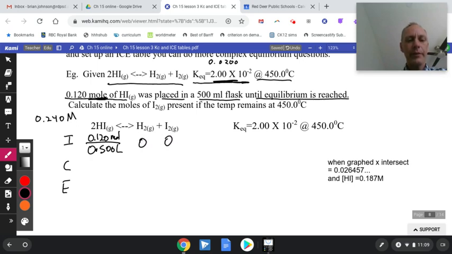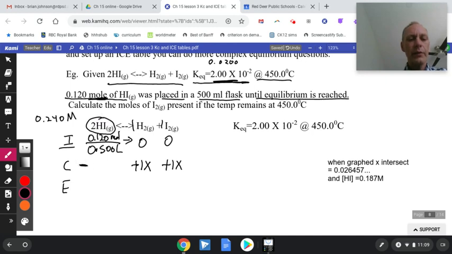So we have no product initially. I stands for initial. The change that's going to happen always moves towards the zeros, so we are going to move this way. We're going to gain product, and these have a 1 in front of them, so that's gain 1x, gain 1x. This one is going to lose because we're moving away from it.